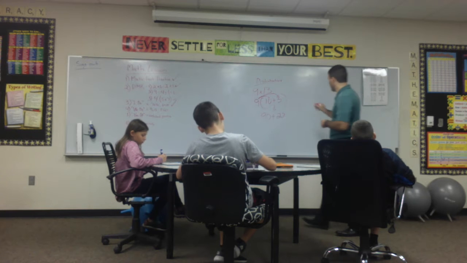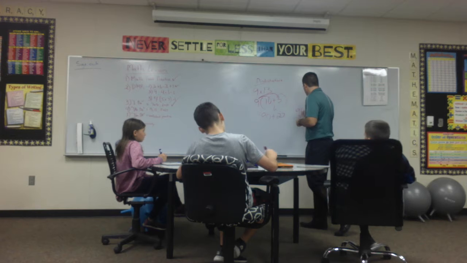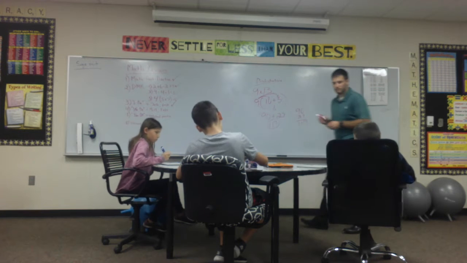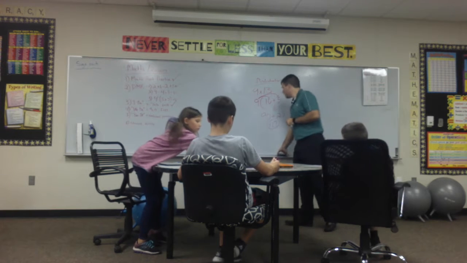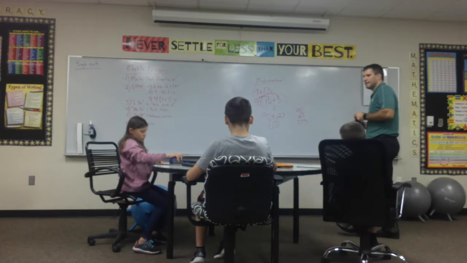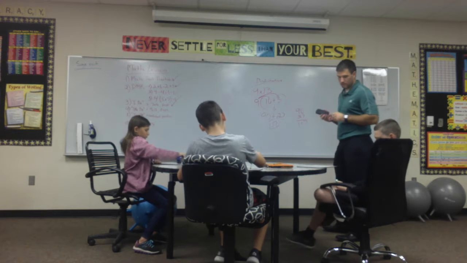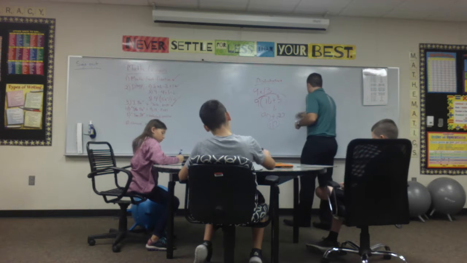You're off one spot. 90 plus 27 would be 117. Okay? It's all right. If you did not get that, did you see where you made your mistake or what we needed to do differently?